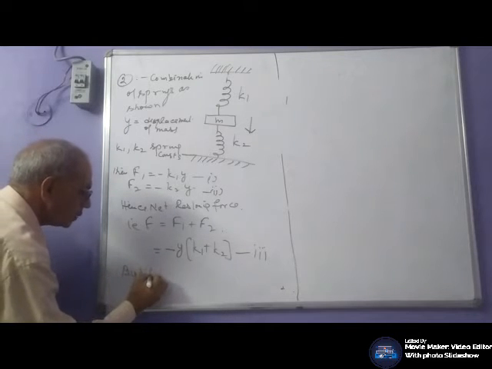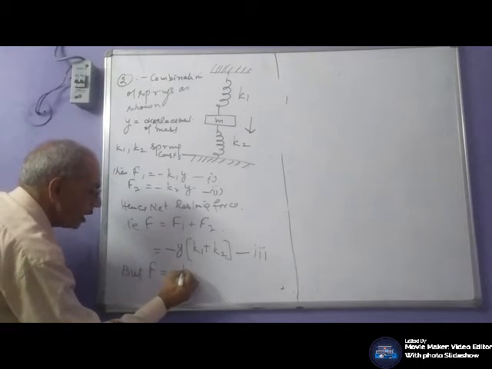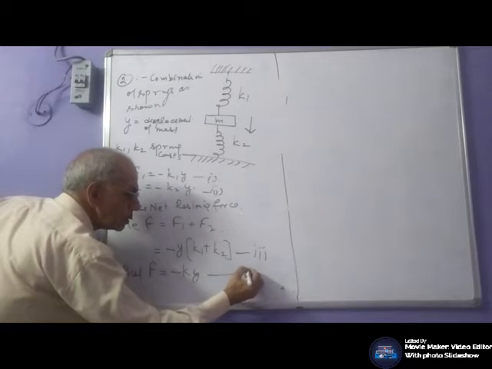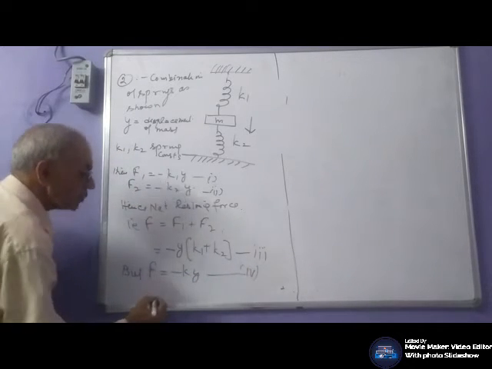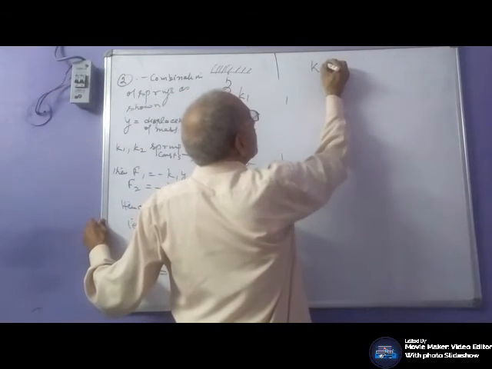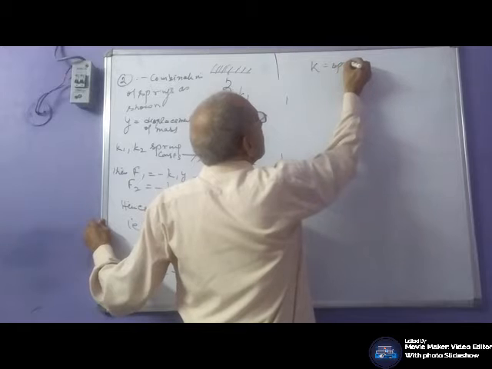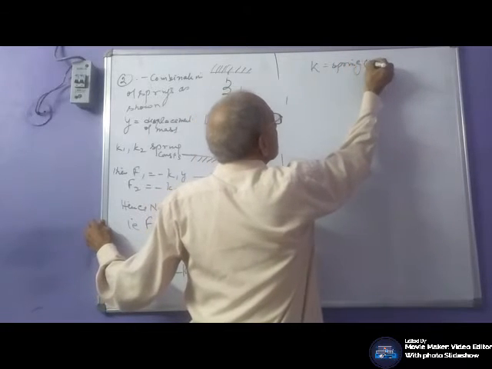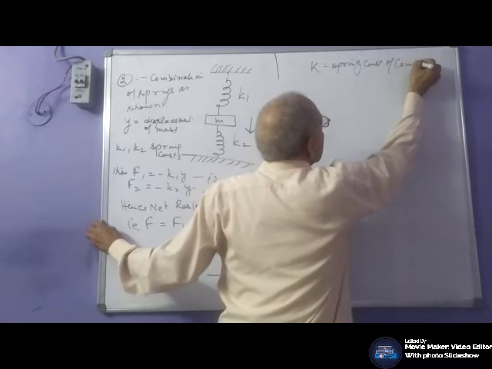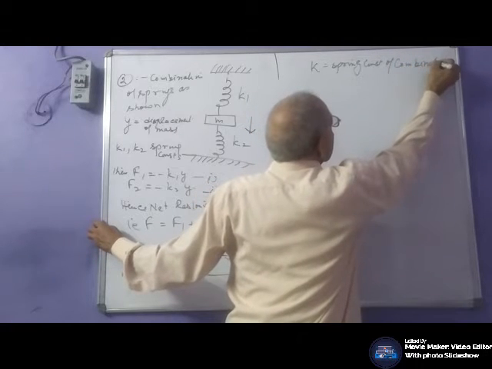But F is minus Ky. Fourth. K is the spring constant of the combination.